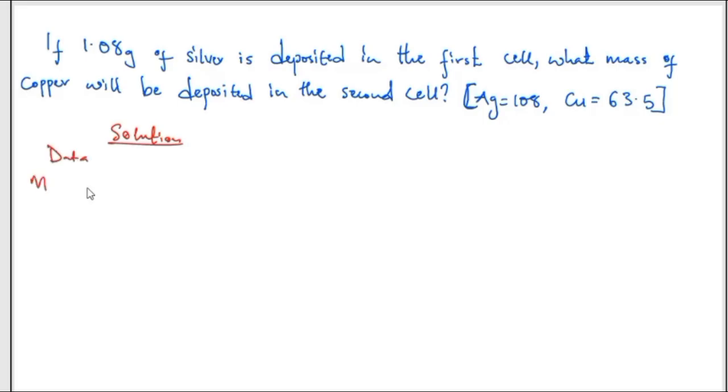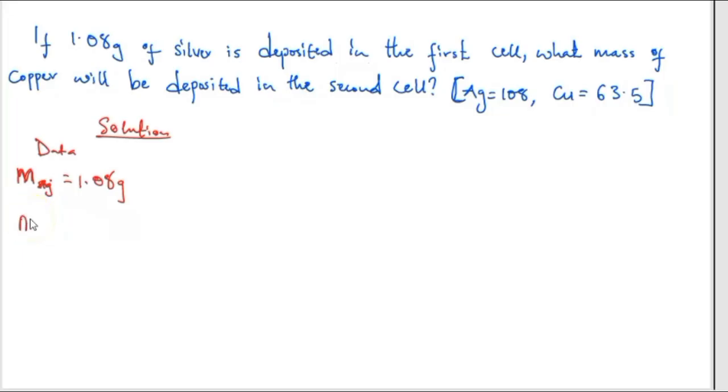Our mass of silver is equal to 1.08 gram of silver deposited in the first cell. What mass of copper? So now they're asking us for mass of copper, which we don't know, that will be deposited in the second cell.